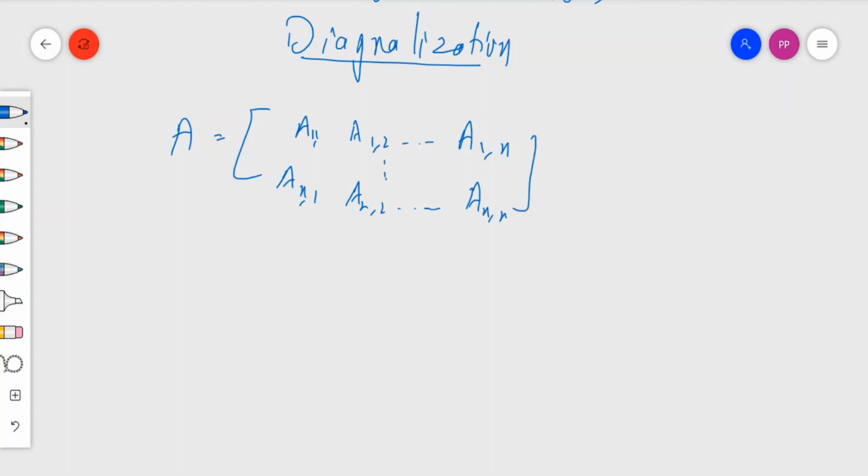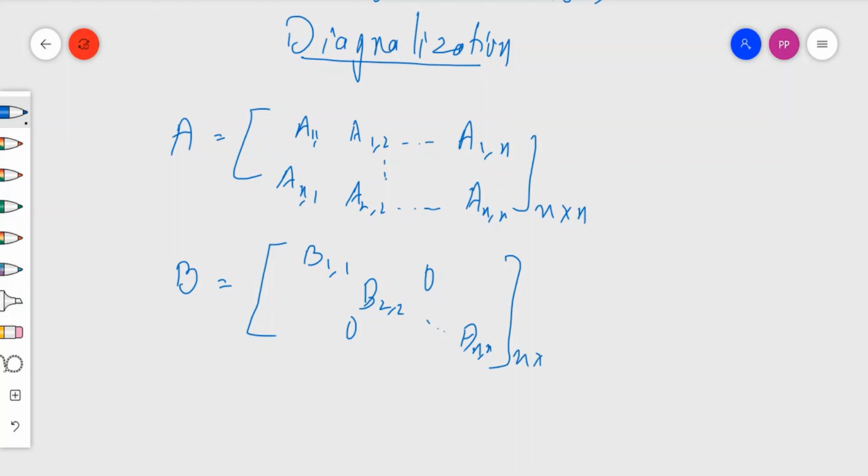So this is a square matrix, and we are trying to transform A into B. B11, B22 up to Bnn is a diagonal matrix with zeros elsewhere, n by n. So this is called the diagonalization of the matrix A. So A is diagonalized into B.